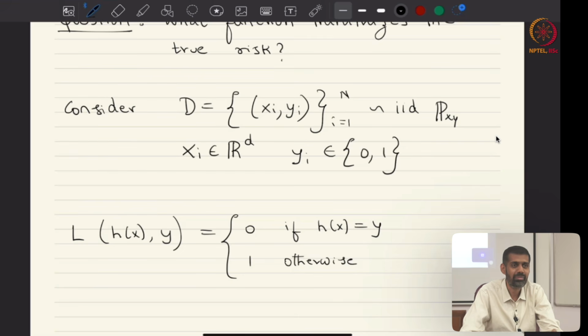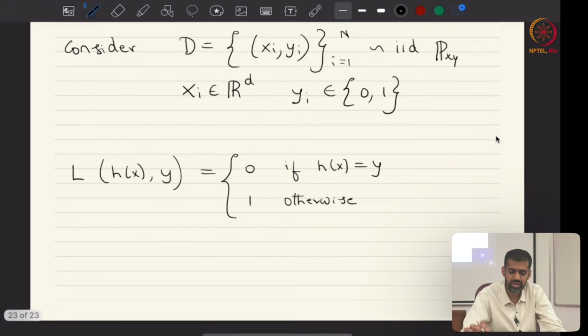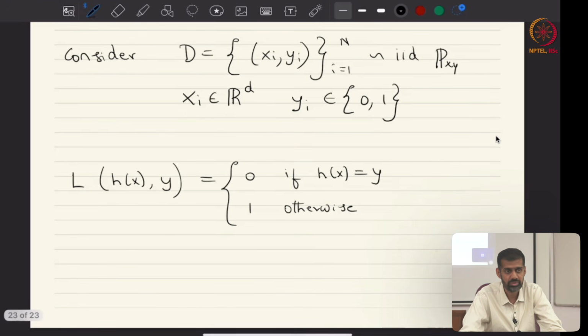This is simply to make my life simpler so that the algebra works out to be simple. So all these results can be extended to the regression case or k-class classification case. Okay, so that's your homework. But let's consider that we are solving a binary classification problem where it is diseased or non-diseased. You can always go back to that X-ray example that I have been citing. So disease versus non-disease, and I am operating under the 0, 1 loss function.